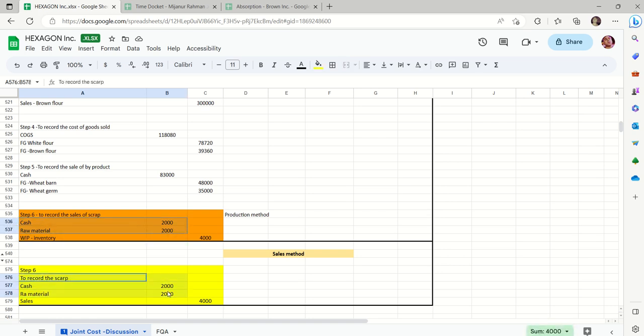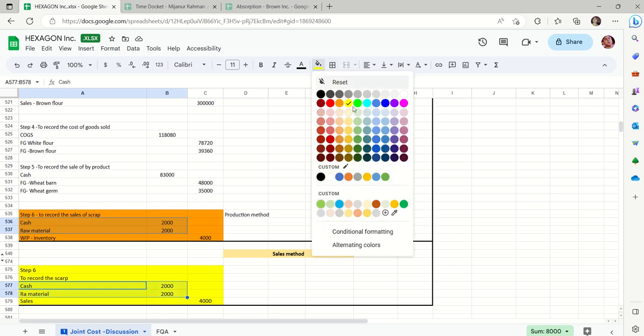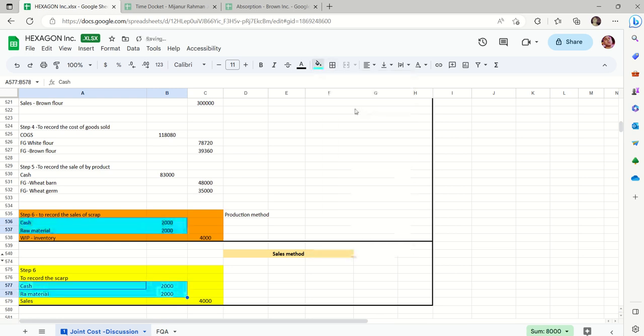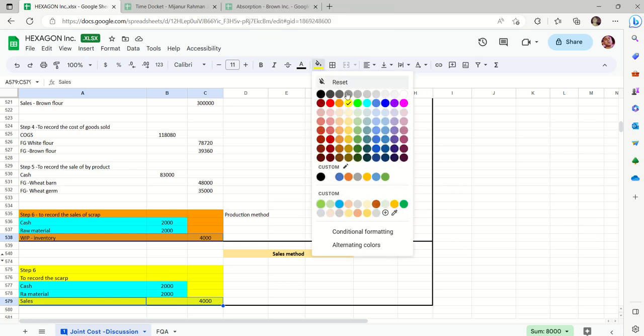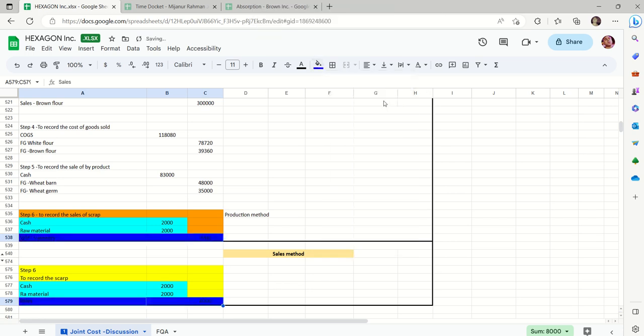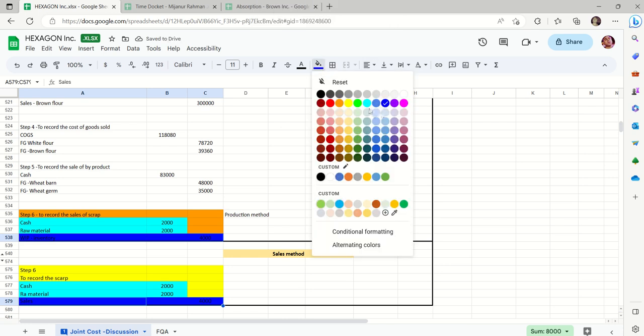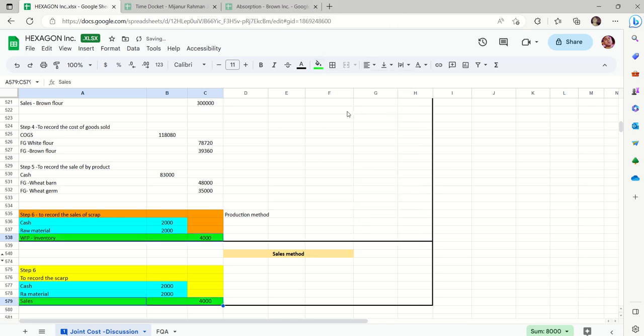These cash and raw material accounts are exactly the same, highlighted in Keon. However, the credit line is different. Under the sales method, you directly credit the sales. I'm going to highlight that in blue. You can see the difference, perhaps in green.